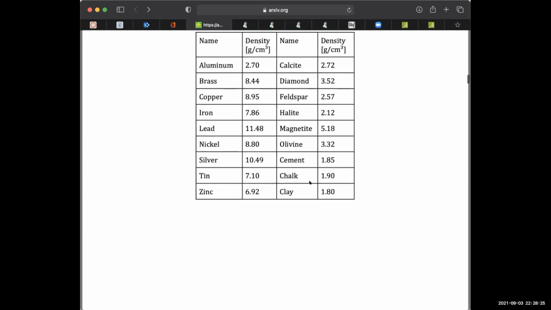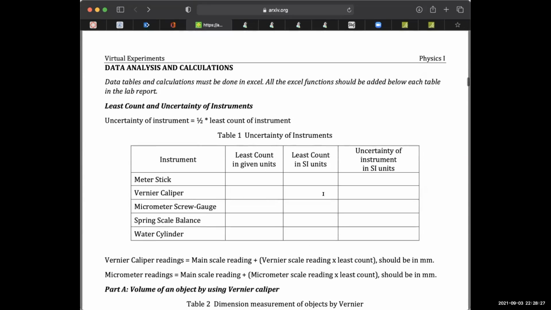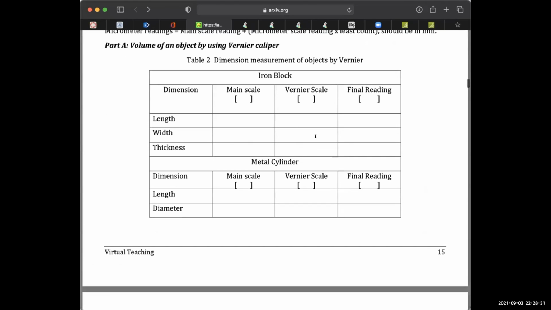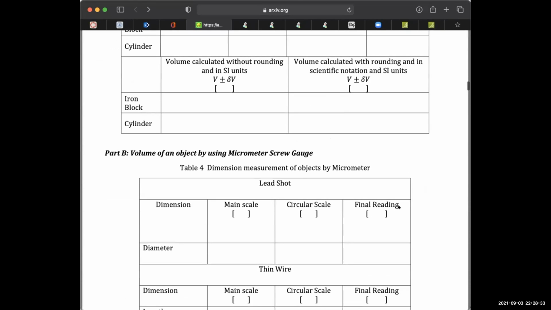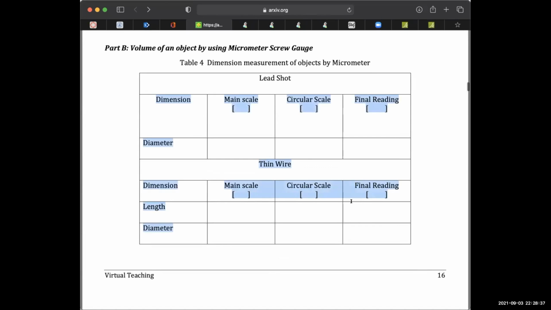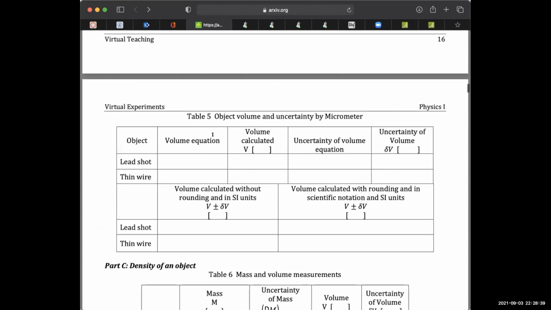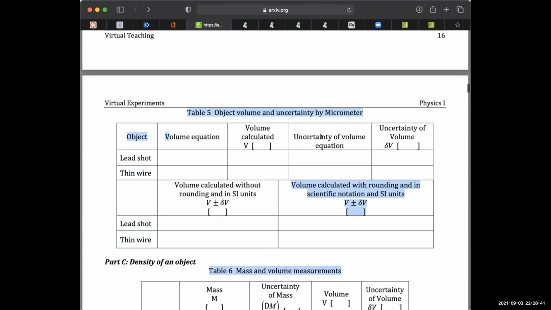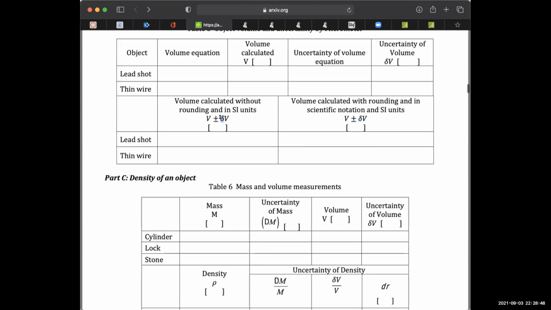So in your Excel sheet, you're going to fill out this table entirely. And you're going to fill out this one except for this. Don't fill out this part. And you're not going to include this part here. By the way, this is lowercase delta rather than the uppercase one. So the triangle is uppercase delta.